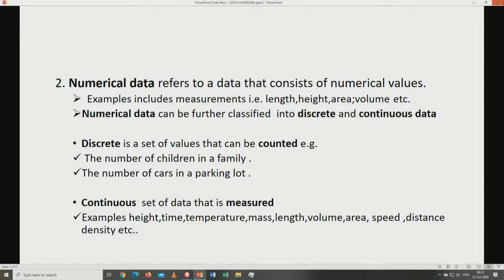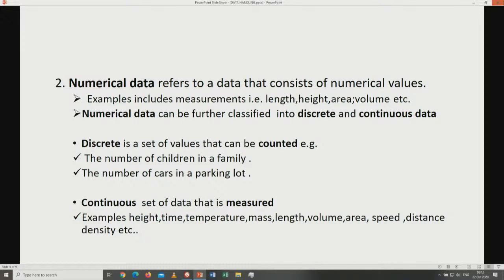Now, numerical data can be further classified. It simply means we said our data is classified into two, categorical and numerical. But numerical can be further classified into discrete or continuous data. Now, what is discrete and what is continuous? And what are the differences between them?